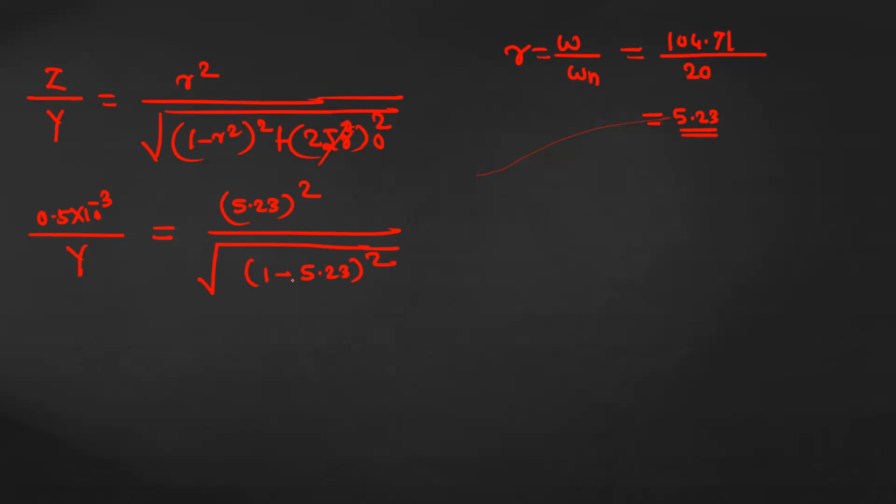Finally you will get the positive answer if you take the square root. So that value will be, sorry, this is 1 minus 5.23 square.